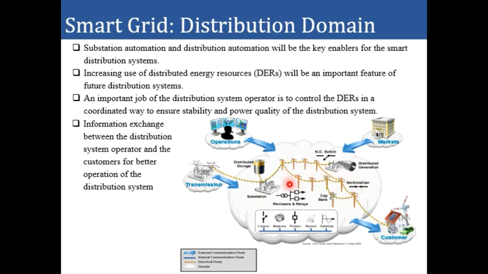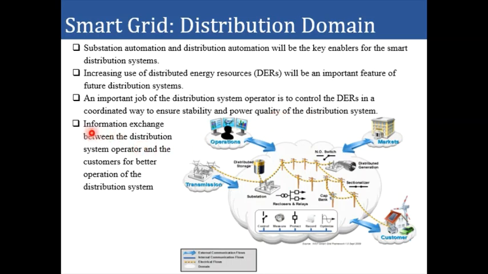The power needs to be properly monitored almost in real time, because the reversal of power flow happens more frequently in the distribution system. So here the role of the distribution system operator is to control the DERs and coordinate in a way to ensure the stability and power quality of the distribution system.